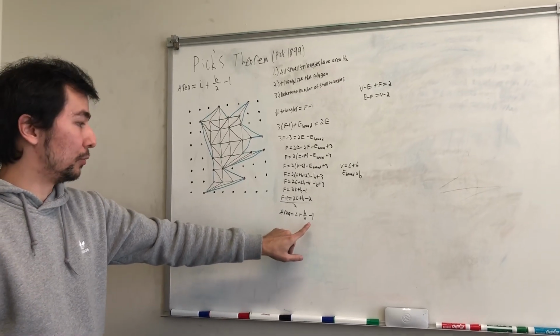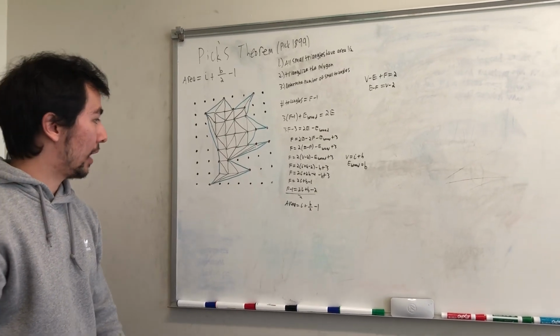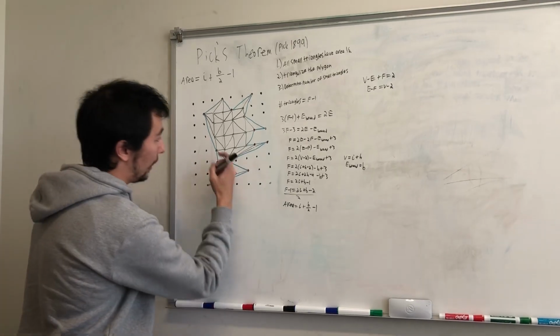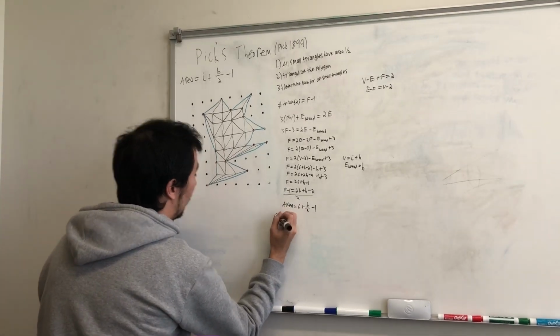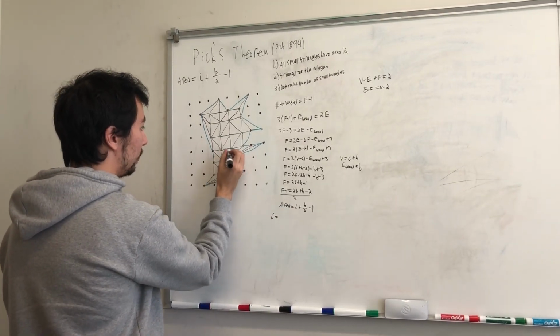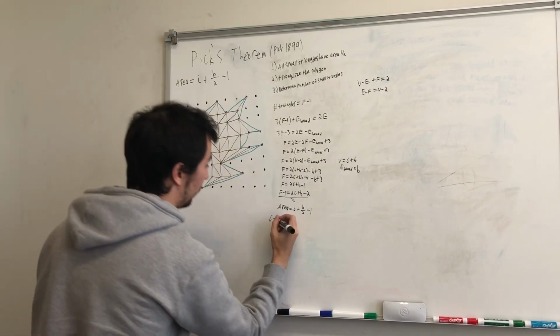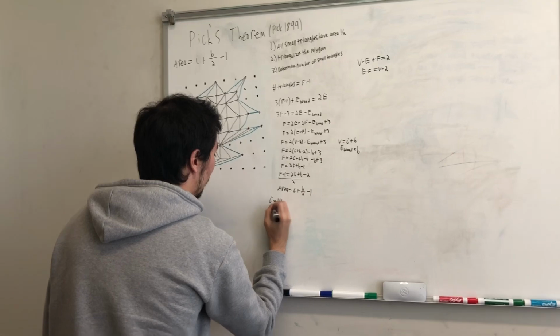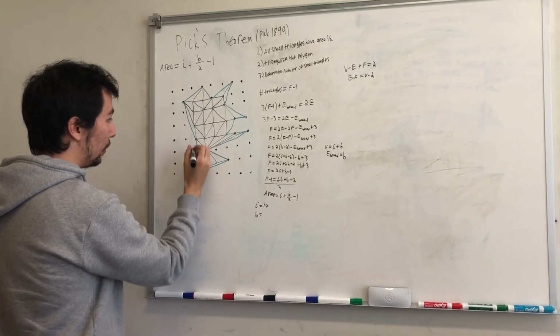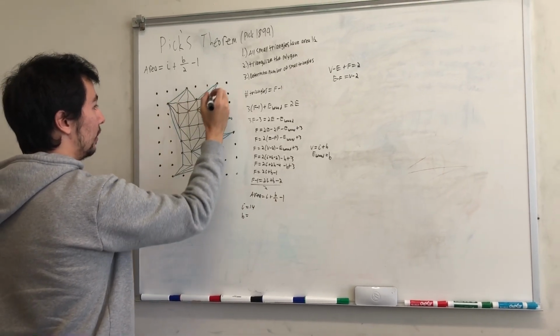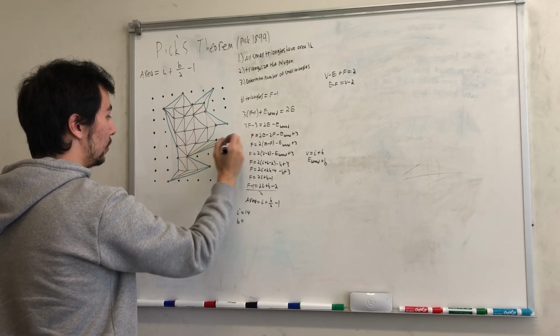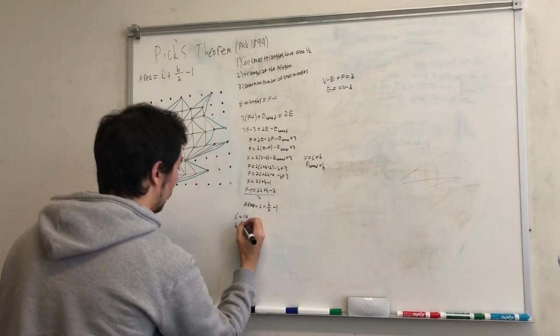And if we were to count that real quick, for this polygon right here, we have I is equal to 1, 2, 3, 4, 5, 6, 7, 8, 9, 10, 11, 12, 13, 14. And b would be equal to 1, 2, 3, 4, 5, 6, 7, 8, 9, 10, 11, 12, 13, 14, 15, 16.